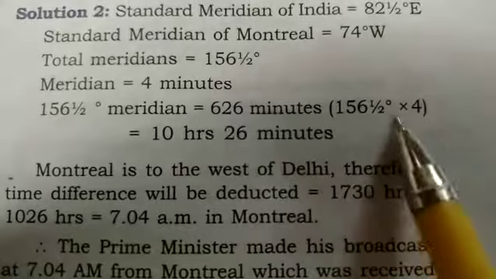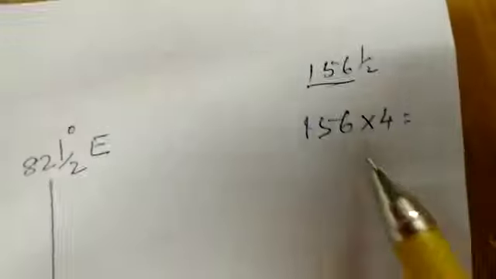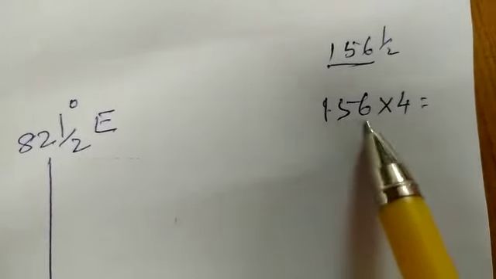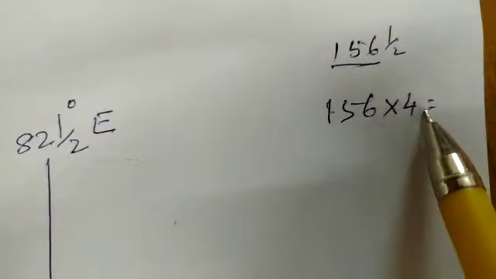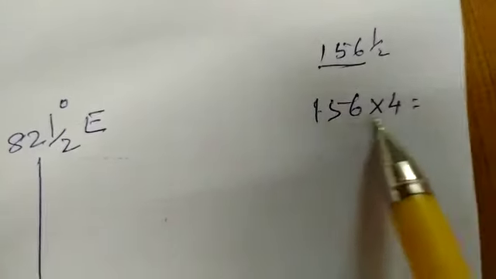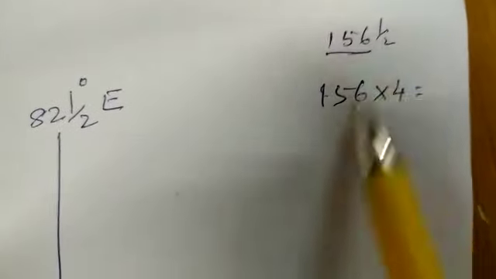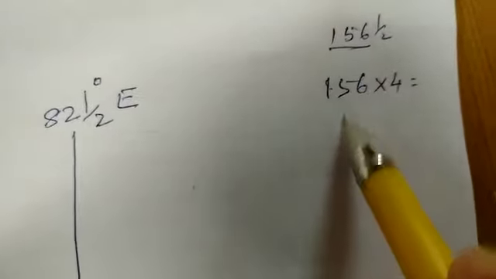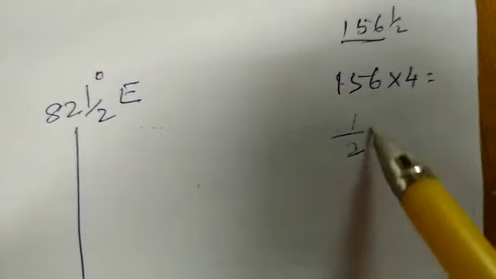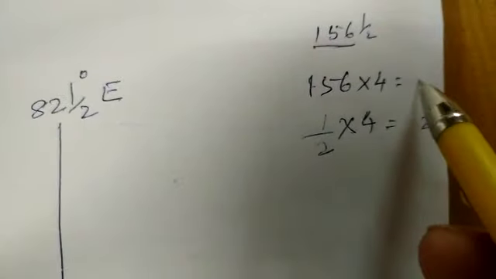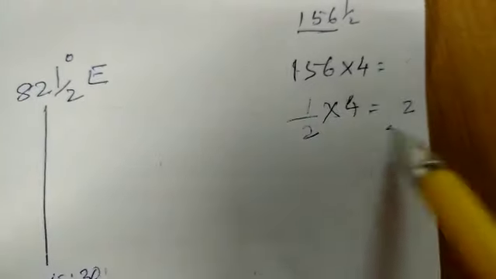How you have to do this, please try to look at here. I am trying to show you here. First, for 156 full meridians you have to calculate the time. Then again, for the half degree you can make half into 4 and you will get a 2-minute time there. Whatever you get here plus this one together you will get the value.